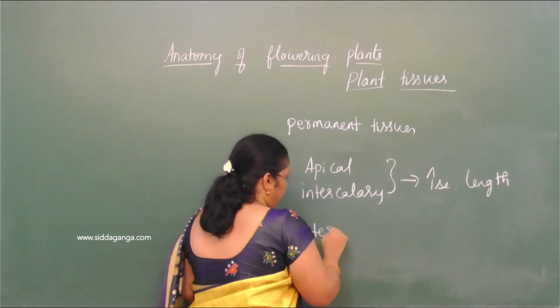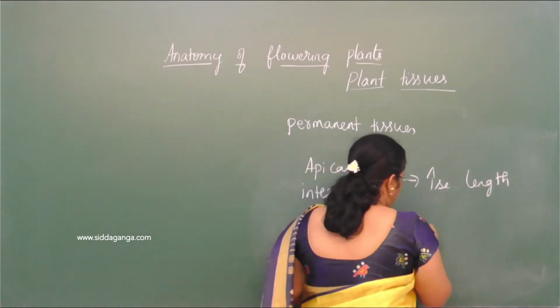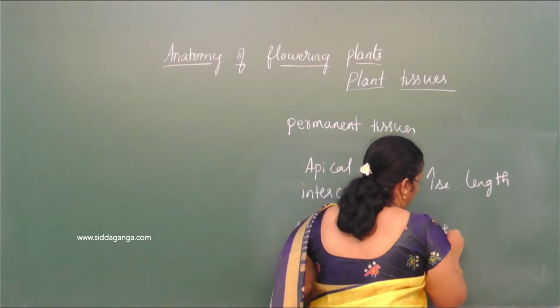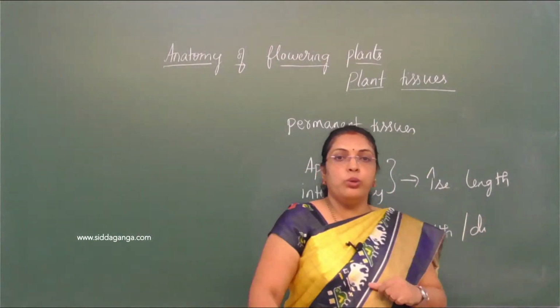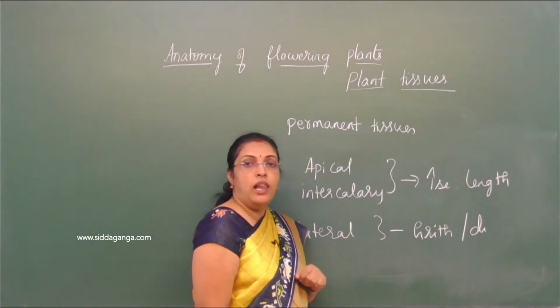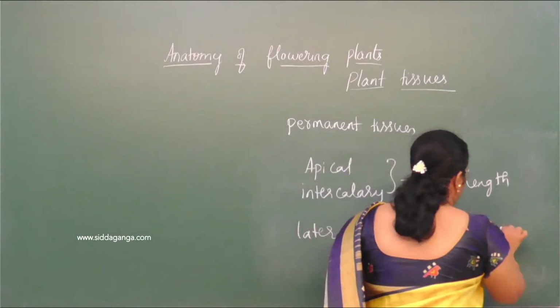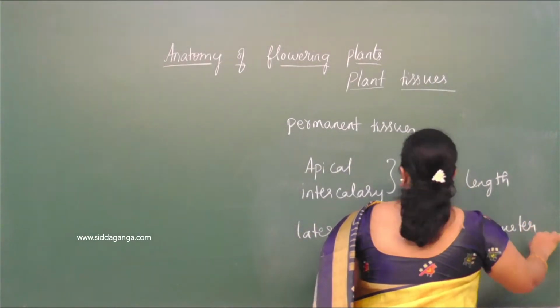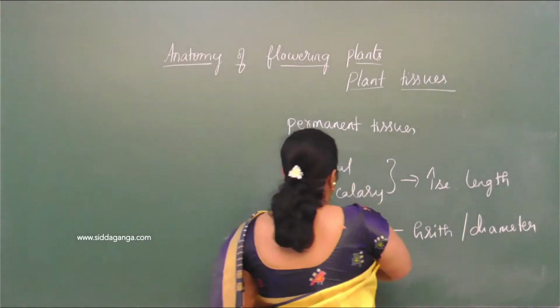The width keeps increasing with the help of lateral meristems. Understood? So that is about classification of meristems based on location.